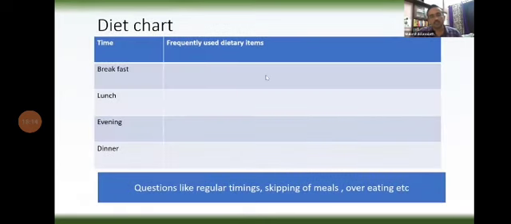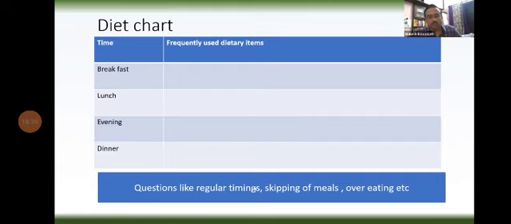So this is a model diet chart which you can take a printout of and keep in your clinic. For every patient who comes to your clinic, you can give it to them and ask them to fill these things. Ask them to write down the routinely used items as well as the items that were used immediately before the presentation to your clinic.